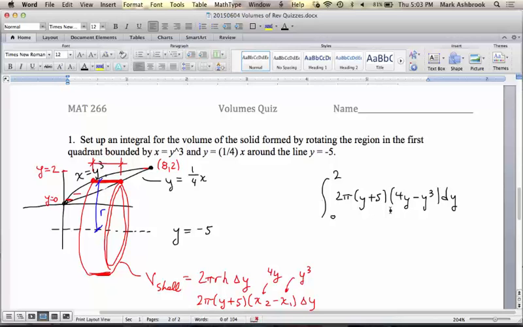It's the height. The height, this part? Yeah, so the height is this here. It's going to be a final x minus initial x. And the final x is determined by the line, so x equals 4y. And then the initial x value is the curve, so x equals y cubed.